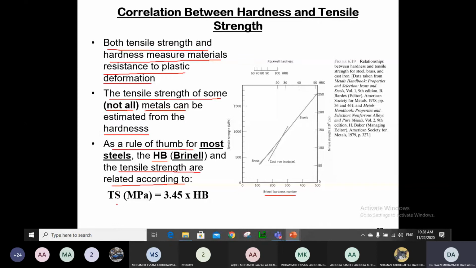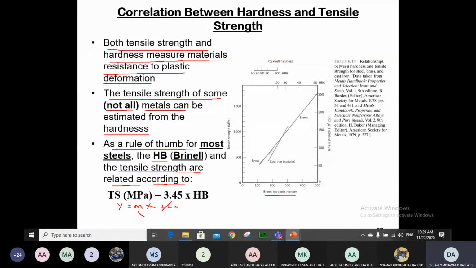As we know, the equation for a straight line is y = mx + c. The constant c, if the line is not proportional, means it passes through the axis, not through the origin. Since the steel is passing through the origin, c is equal to 0. So we have the equation of the straight line, y = mx.